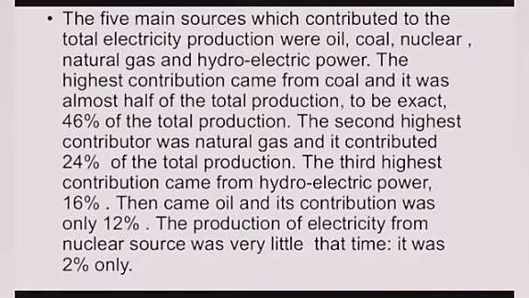And then the second highest contributor was natural gas, and it contributed 24% of the total production. The third highest contribution came from hydroelectric power, 16%. Then came oil and its contribution was only 12%. The production of electricity from nuclear source was very little, and at that time it was 2% only.